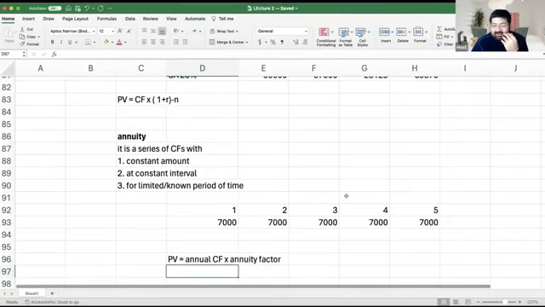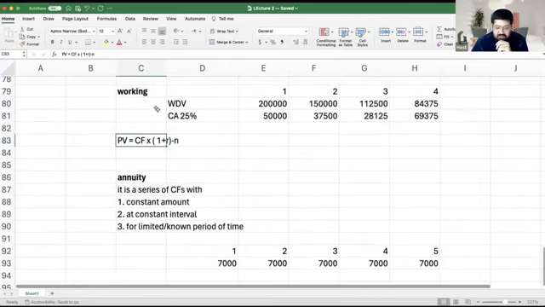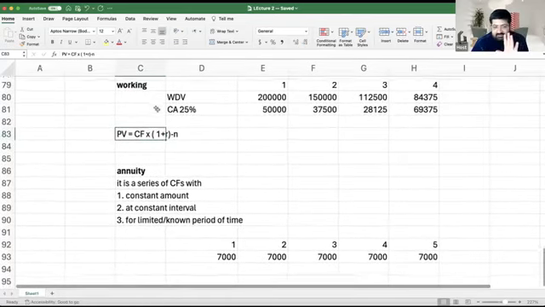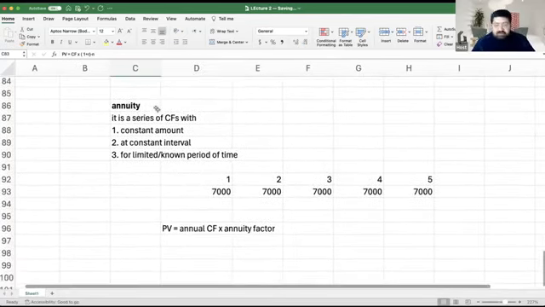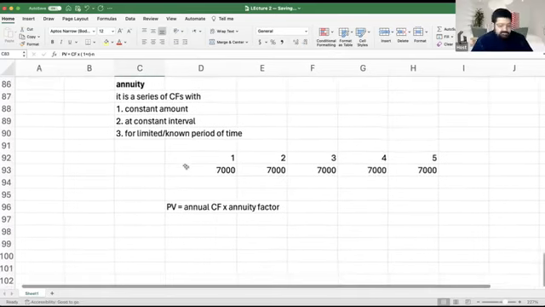I have not. I have to discuss perpetuity after annuity. This formula I discuss only discount factor. I did not discuss anything. Okay? I will discuss. Right.